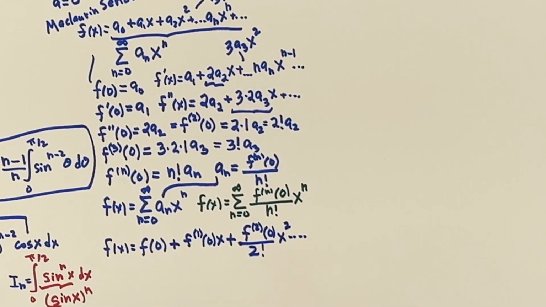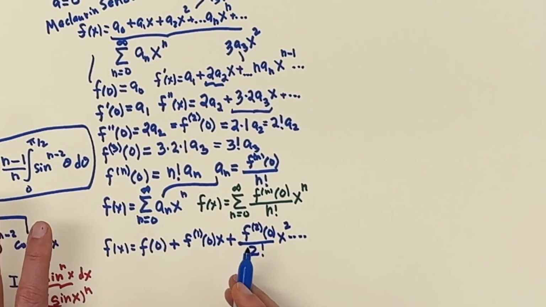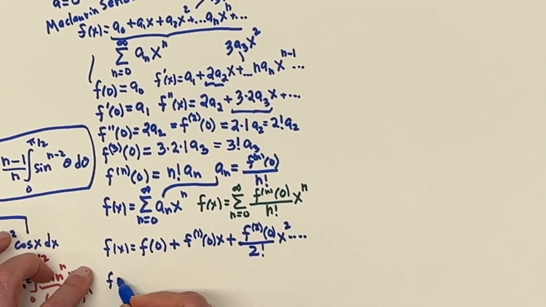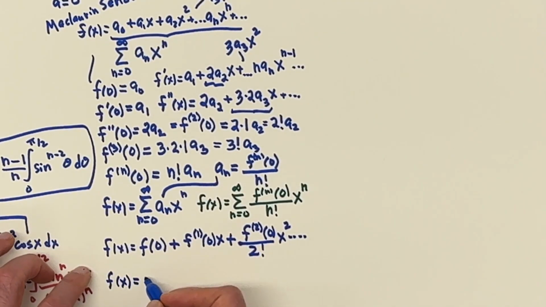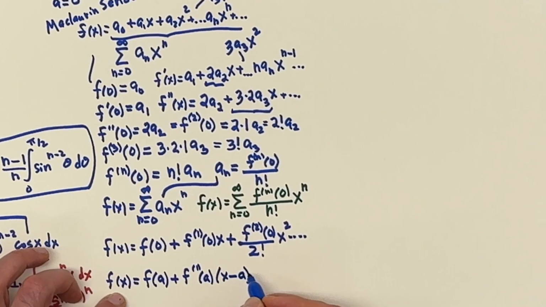Now, the more general form of the series, the Taylor series, would be to write f of x like this, where you replace the 0 by an a, and then you have the first derivative at a, and then you have x minus a.